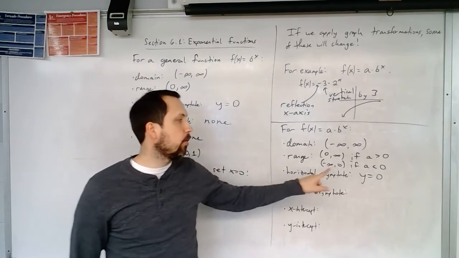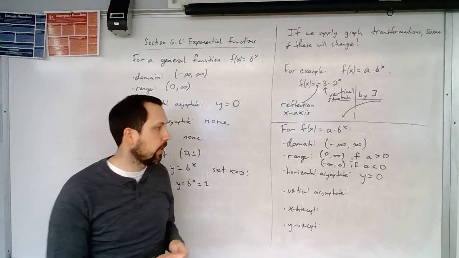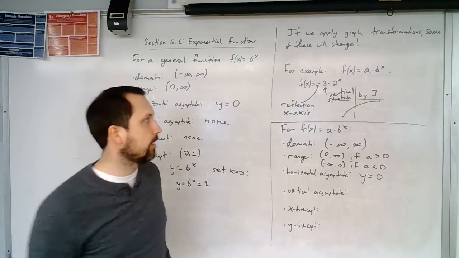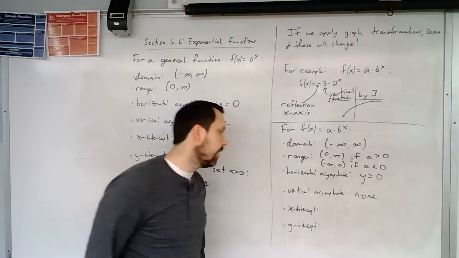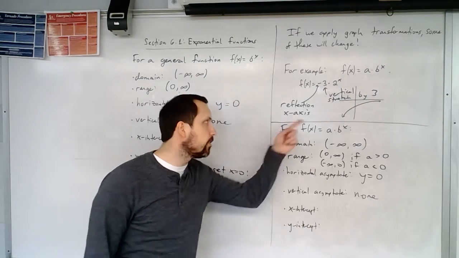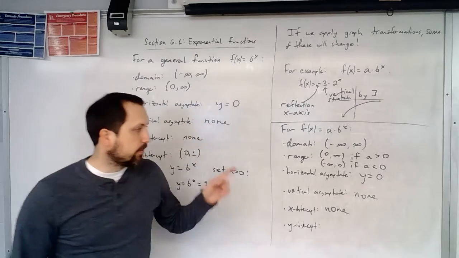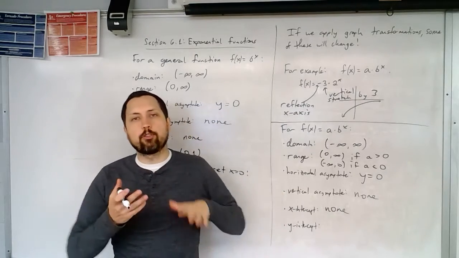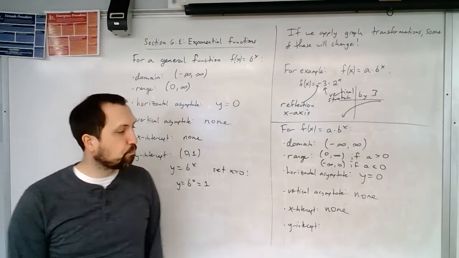So the horizontal asymptote is y equals 0 for just a times b to the x, but other transformations will change that. The vertical asymptote will also remain as none. The x-intercept also will remain as none. But again, with vertical shifting, that very well could change.